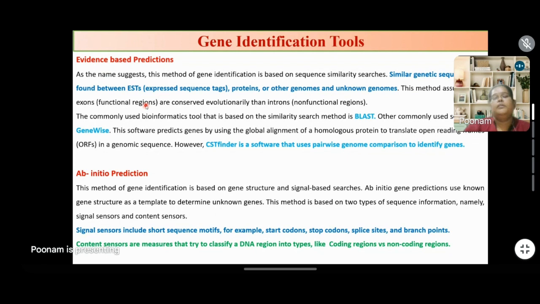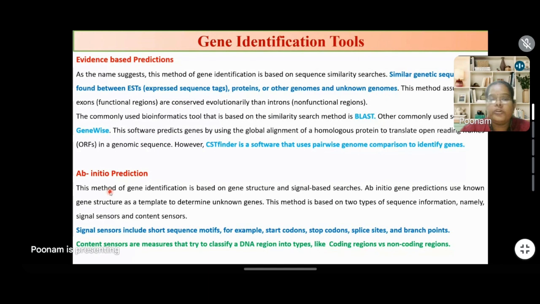One of the easiest ways to look for evidence-based prediction is to take the DNA sequence and go for BLAST, the Basic Local Alignment Search Tool, available on the NCBI repository, very easy to use. Just put your DNA sequence in FASTA format, and you may get a number of DNA sequences which may have some kind of homology to the sequence you submitted for blasting. So those are the evidence-based predictions.